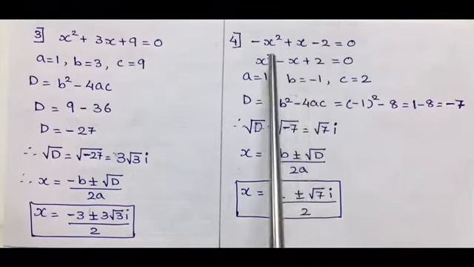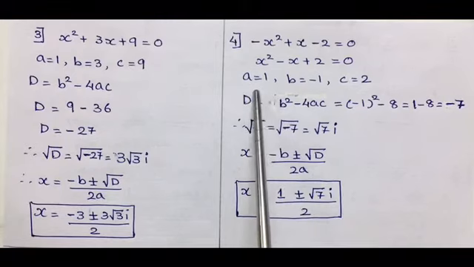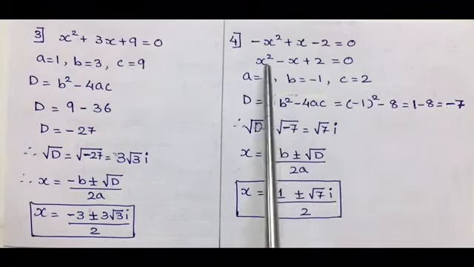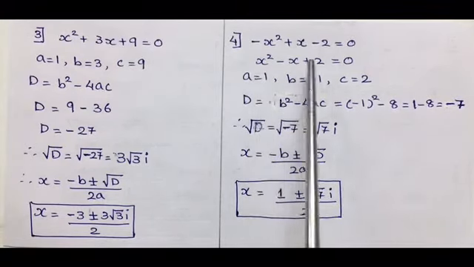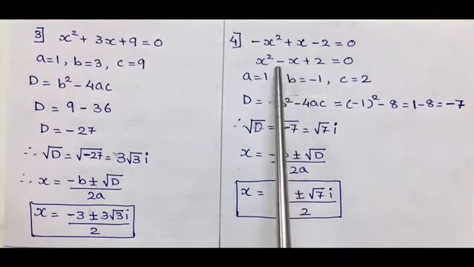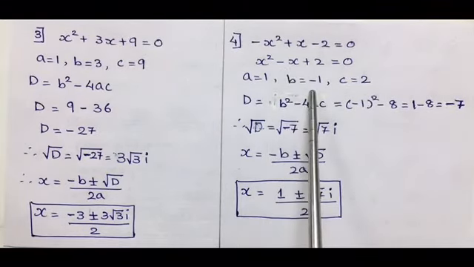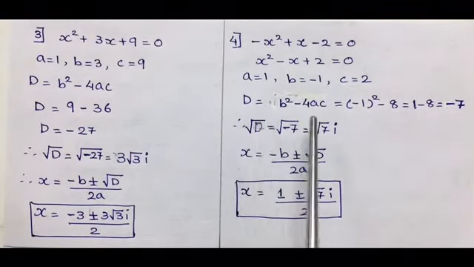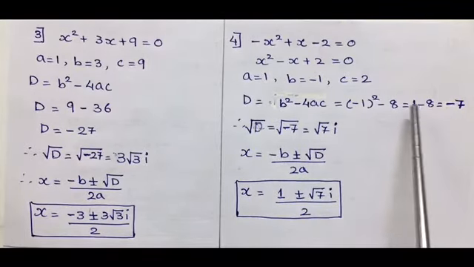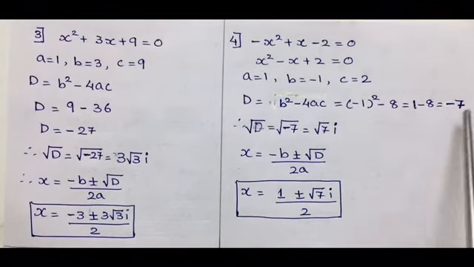So the signs change. Then after collecting the values of a, b and c as the coefficients of x square, x and the constant, here as x has a negative sign before it, b will take a negative sign. Now calculating D as b square minus 4ac, substituting the values, we get the value of D as minus 7.